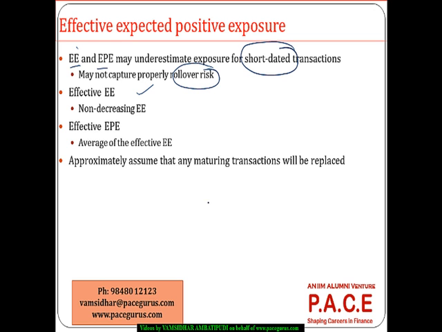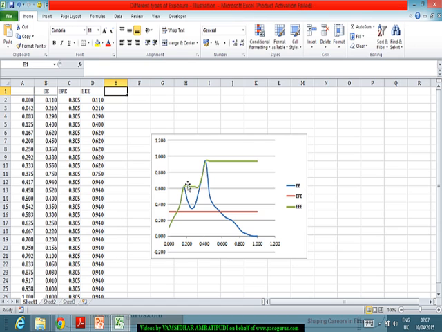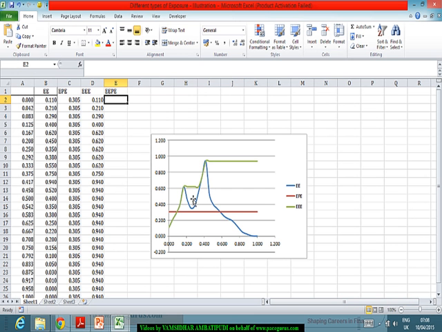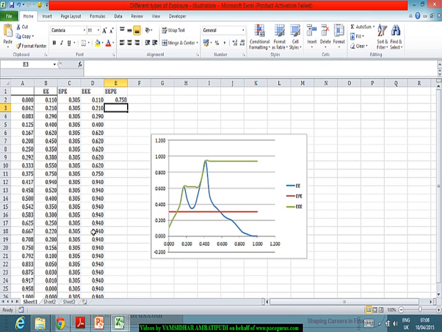And in this context, we also bring in one more, which is the effective expected positive exposure. These are more appropriate for short dated transactions because it is seen that the expected exposure and expected positive exposure underestimate the exposure for short dated transactions. So effective expected positive exposure is nothing but the average of the effective expected exposure during this period.